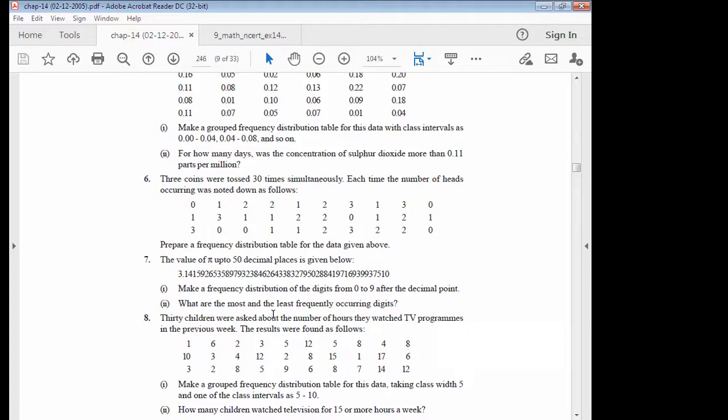Now in question number 7, students, we need to convert this data, the digits 0 to 9, into a frequency table. There is no need to convert this data into a group frequency table, because the number of observations is very small. So you can convert this table into a frequency distribution table, right? Look at the screen in question number 7.